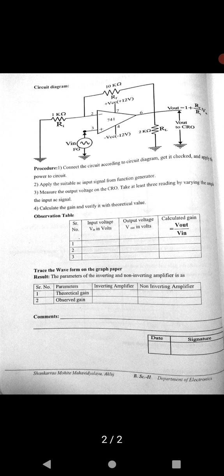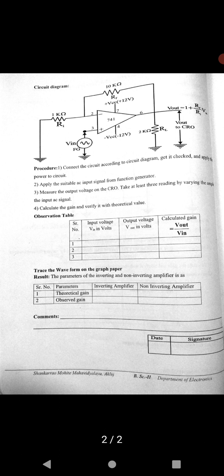Then the result. Here are the parameters of the inverting amplifier and non-inverting amplifier: theoretical gain and observed gain. We know that the theoretical gain of the inverting amplifier is 10, and the theoretical gain of the non-inverting amplifier is 11.